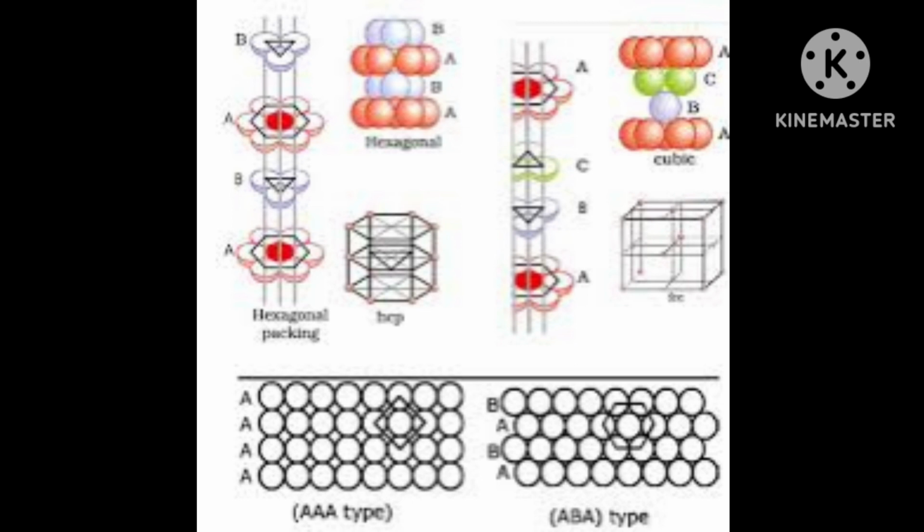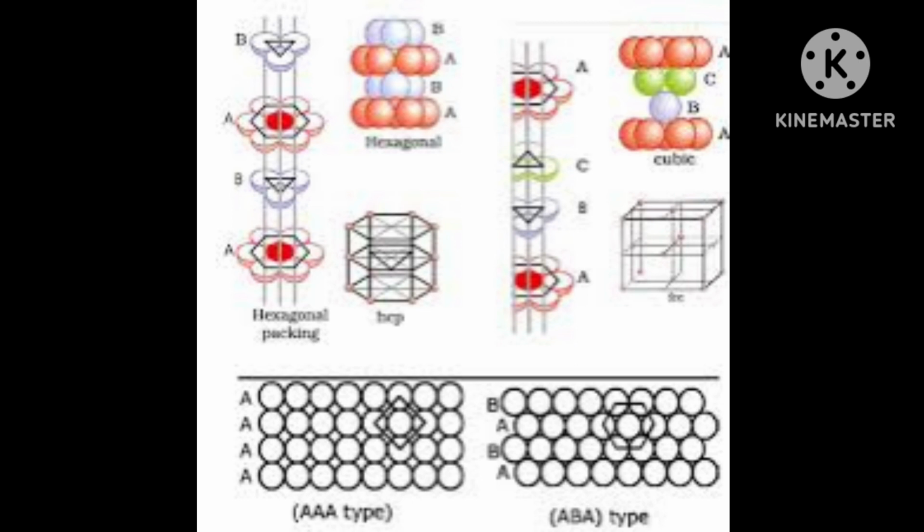Also you can understand that the number of electrons increases in an anion, that's why the size increases. So anion will be bigger and cation will be small.